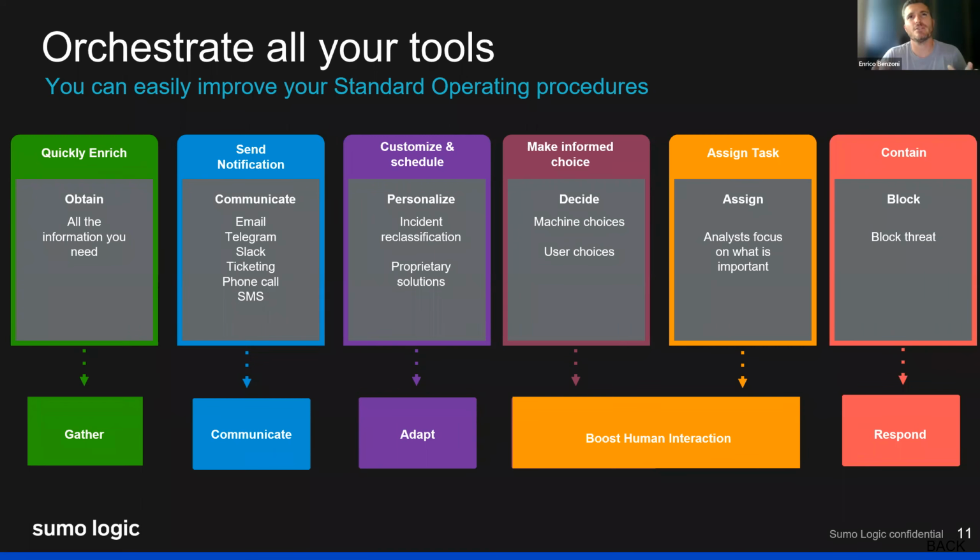These are the actions that you can add inside the playbooks, but there are also triggers that start after a manual task, which is another use of automation.